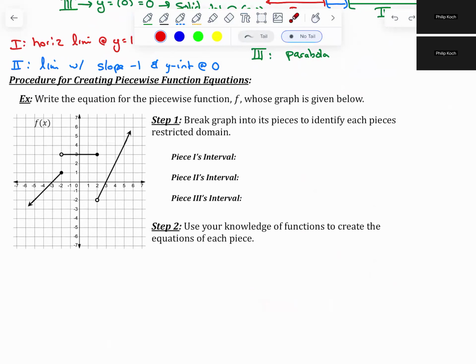This is piece 1, and piece 1 is including -2. Piece 2 is excluding -2 and then going to 2, but including it. And piece 3 does not include 2 and goes on forever because of the arrows.